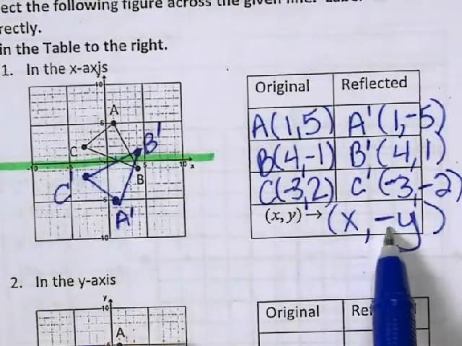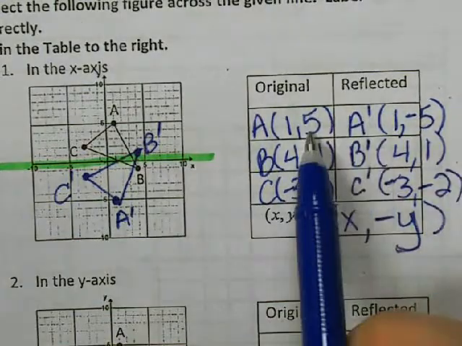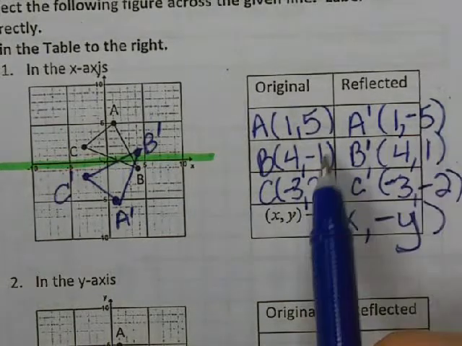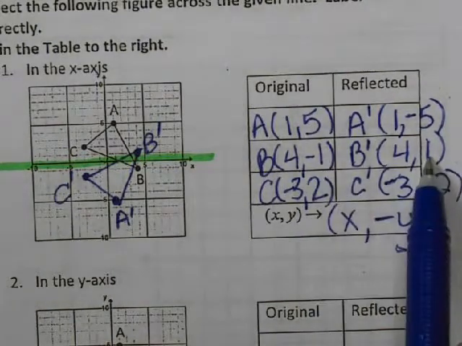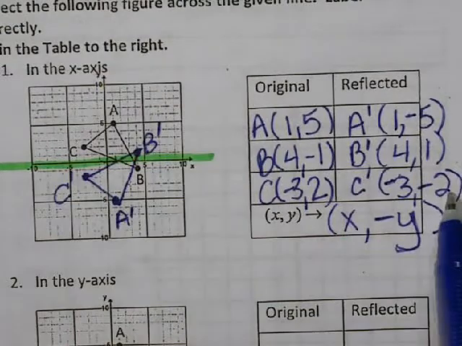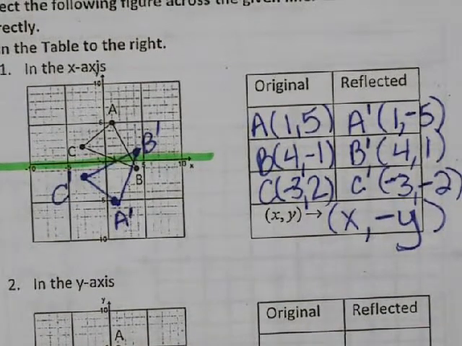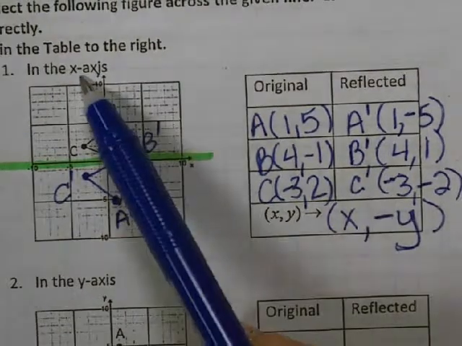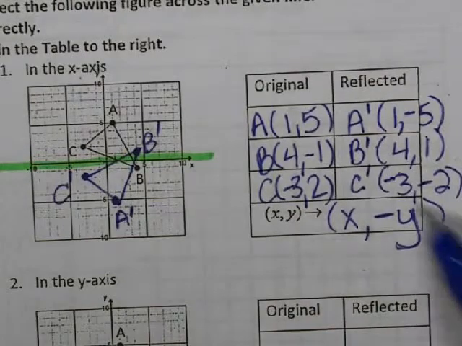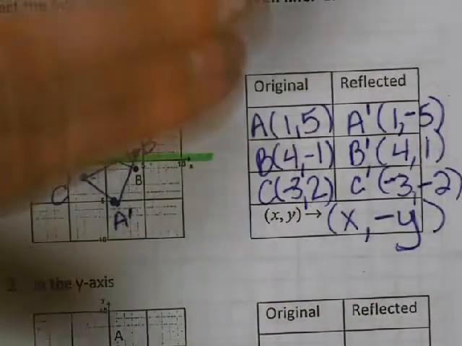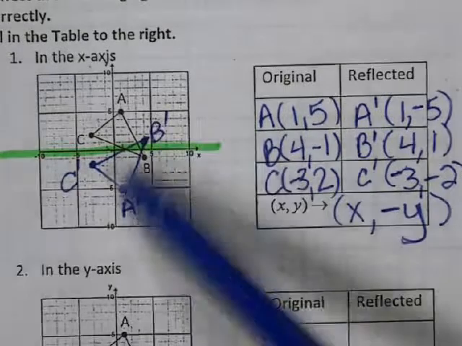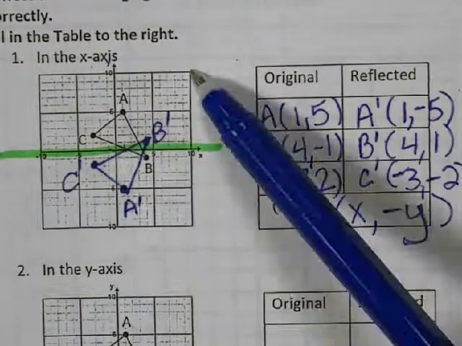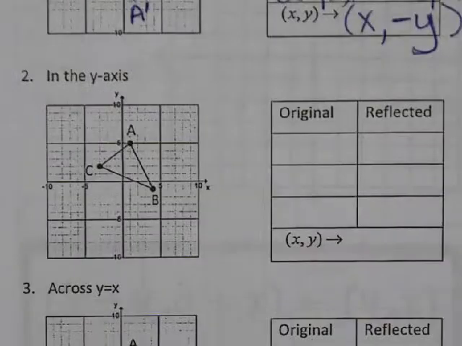That means the opposite of what y is. So y was positive, now y is negative. Y was negative, now it's positive. Y was positive, now it's negative. Okay? So if I'm flipping over the x-axis, I'm going to change my y value, because I'm flipping the height of the figure. It's going from here to the bottom or from the bottom to the top. So I'm changing the y, but the x stays the same.